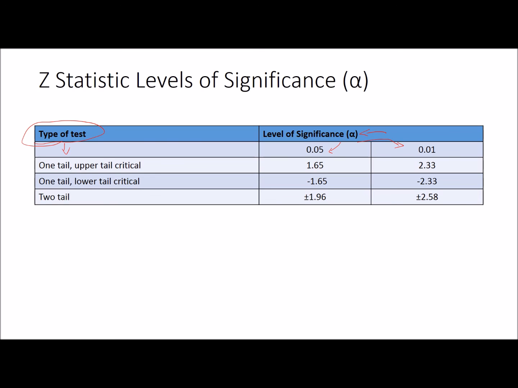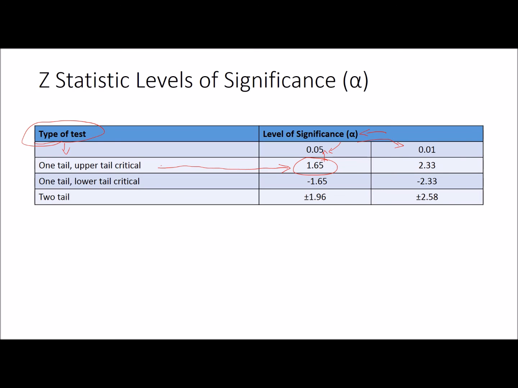Now in each of these you have the Z statistic that is the minimum cutoff, the decision rule. If you hit this level, for example under a one tail critical, if it's a 5% probability upper tail and you have a Z score of 1.65 or further from the mean, further out on the tails, you would have significance at this level.